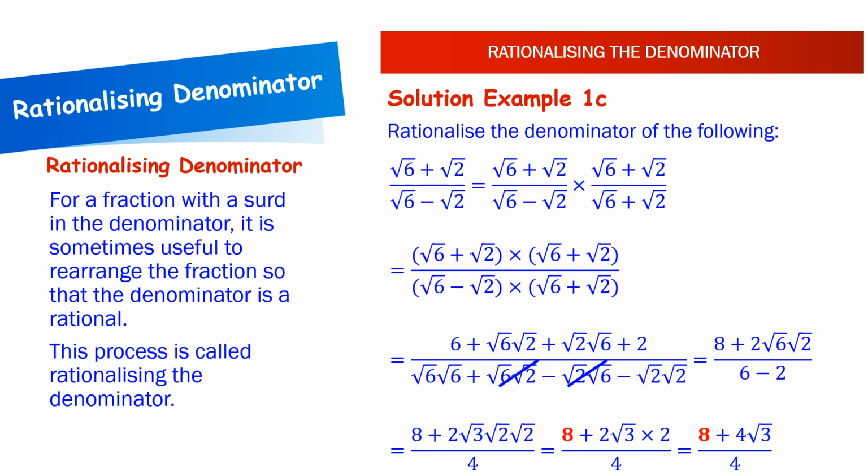So we have 8, and we leave the root 3 as it is, and we multiply the 2 by the 2 as shown to give us 4, and this is of course all divided by 4. And now we can divide by the 4. So 8 divided by 4 is 2, and 4 divided by 4 is 1. So the expression is equal to 2 plus root 3.